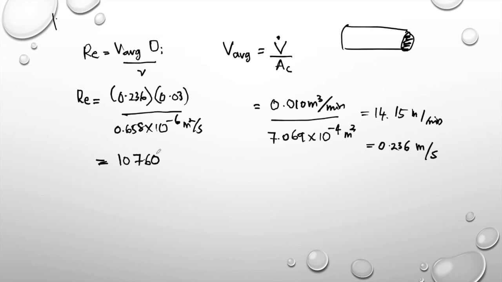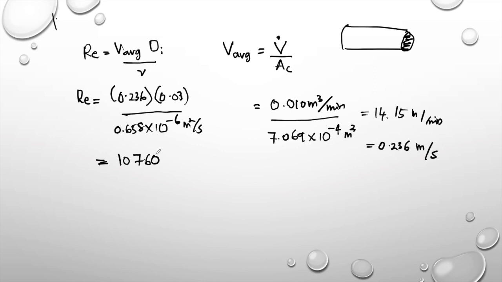So from here, we need to check whether the entry length is half of the length of the cylinder, or whether it can be assumed that the whole cylinder is fully developed turbulent flow. To determine that, you have to check the entry region.